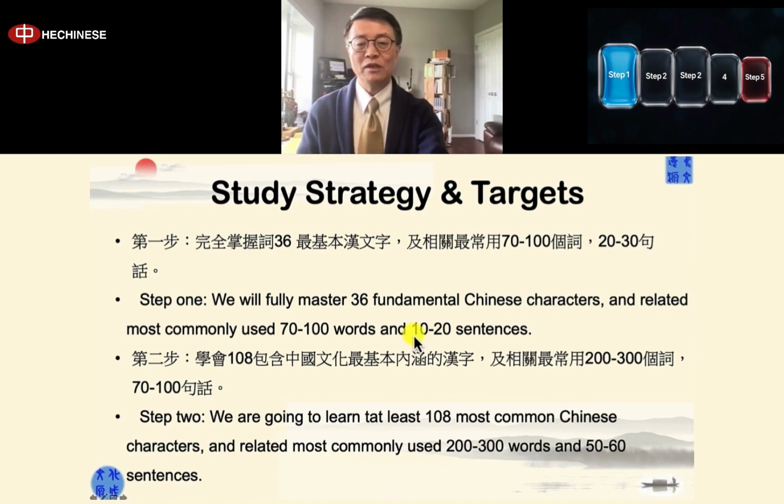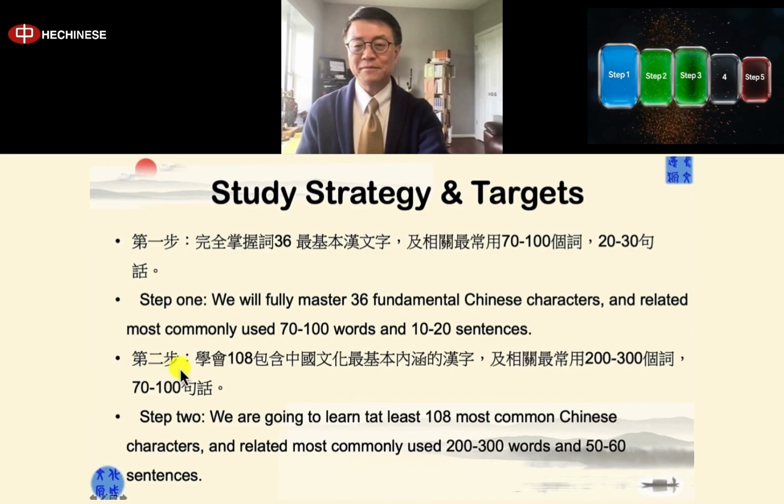At the same time, we learn 10 to 20 or more full sentences by utilizing what we learn, these characters and also words. It's simple, just line them up. As long as you learn the logic and how to line up the characters, you can make sentences. You can make sensible, sensational sentences, alright?